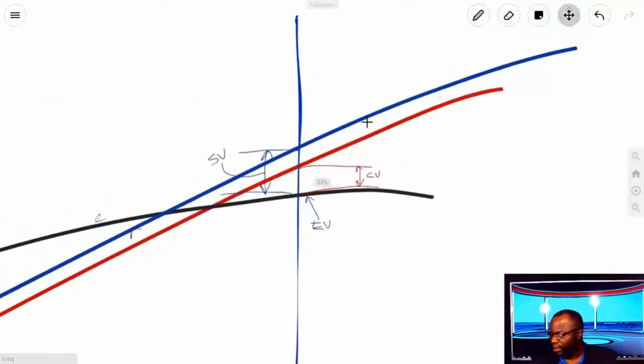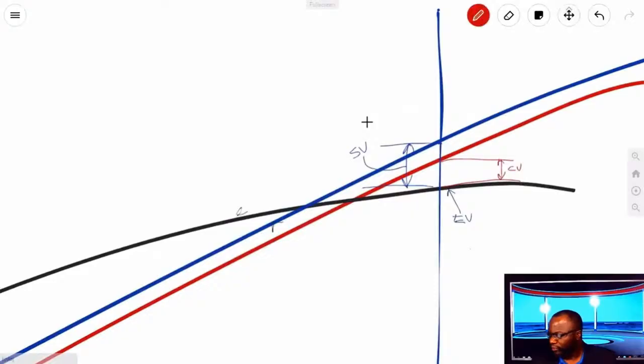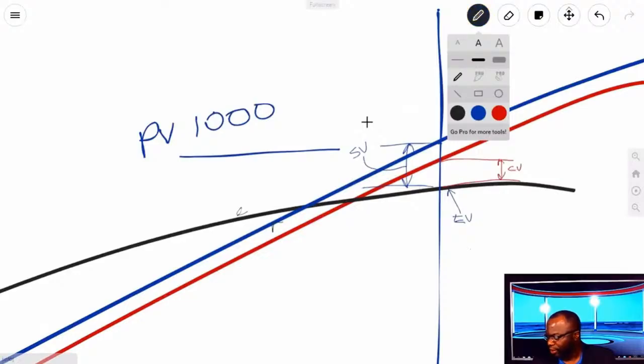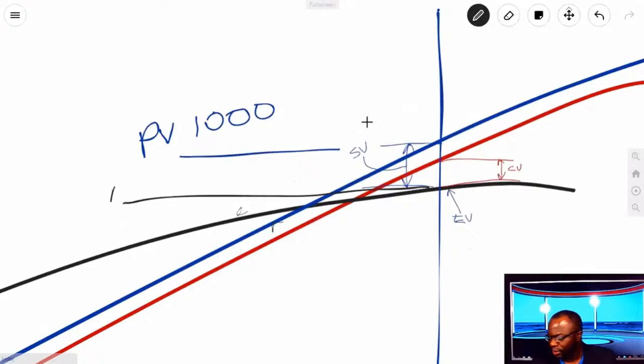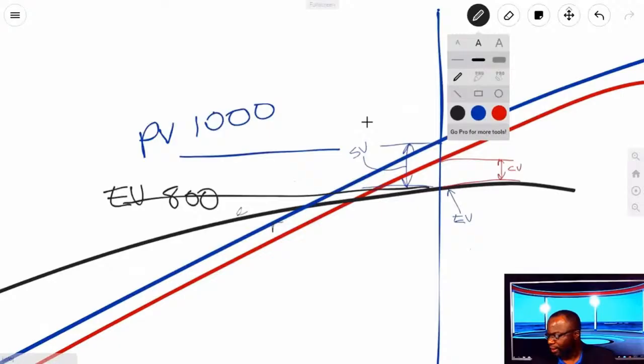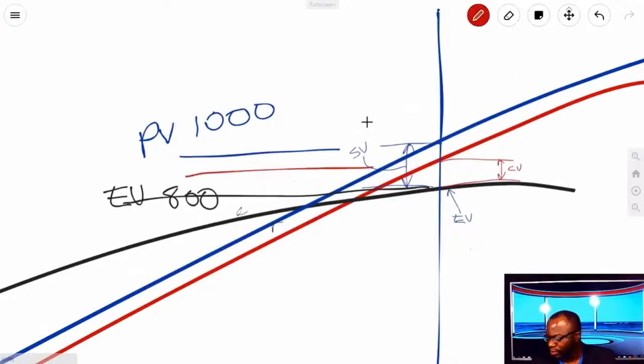To put some sensibility into this, we could say, for example, let me just make this blue. We could say, oh, at this point, PV is 1,000. Okay? And then at this point in the schedule, the EV is 800. And at this point in the schedule, we could say actual cost is, let's say, 900.